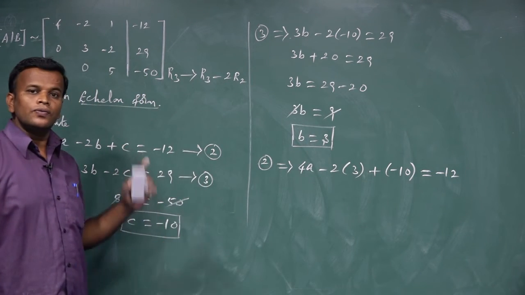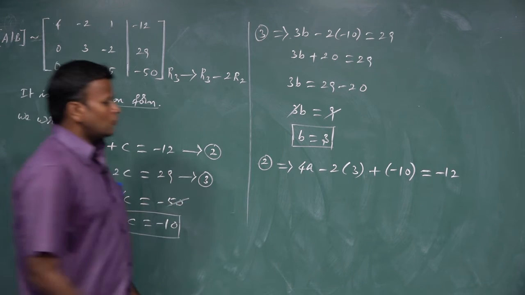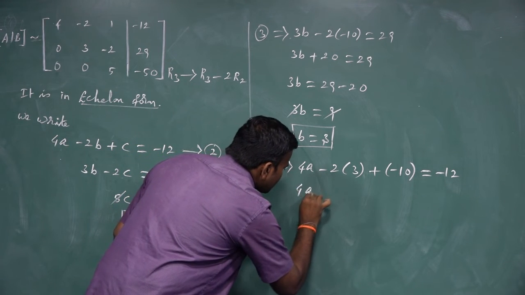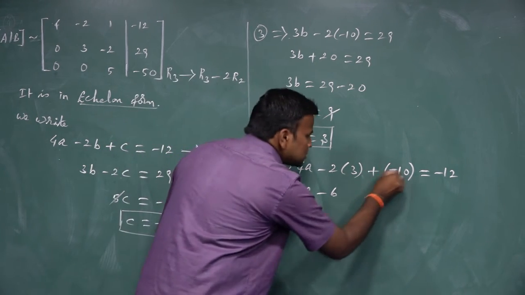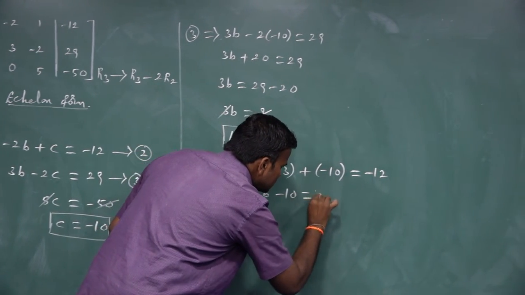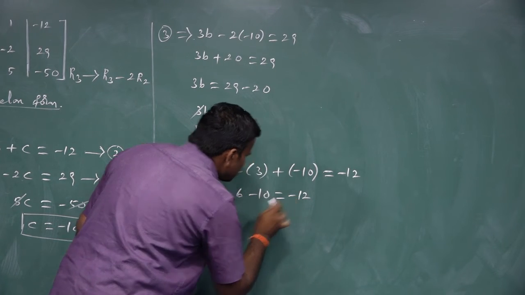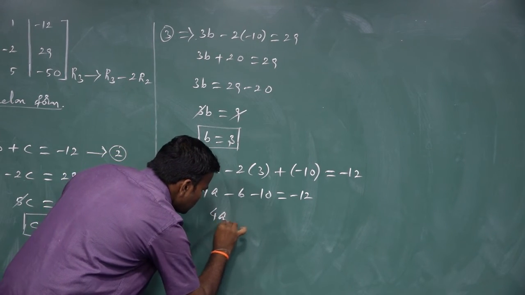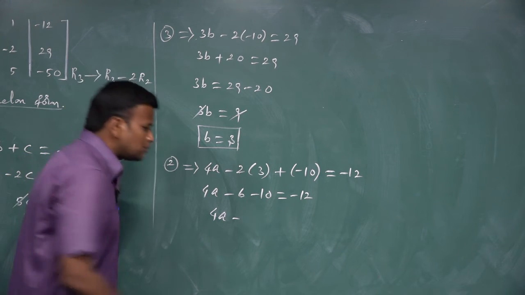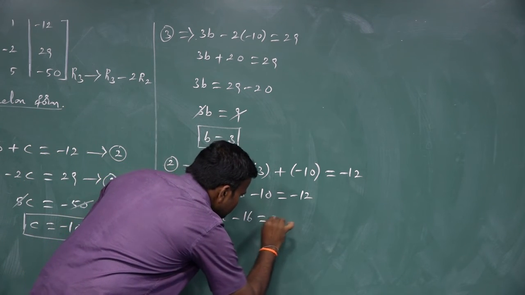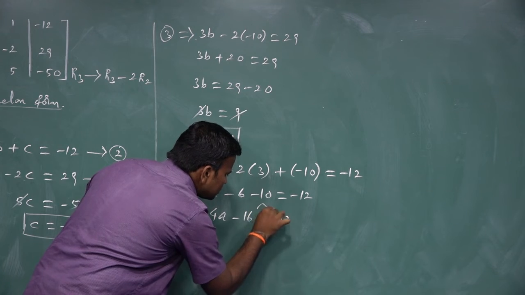Now use the values of b and c: 4a minus 2 3s are 6, plus minus 10, is equal to minus 12. 4a minus 6 minus 10 is 4a minus 16, is equal to minus 12.